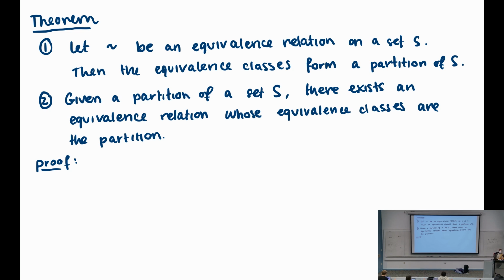So wait, sorry, repeat your question. Are there only a few equivalence relations where the equivalence classes form a partition? There might be different equivalence relations that give the same equivalence classes, I think.